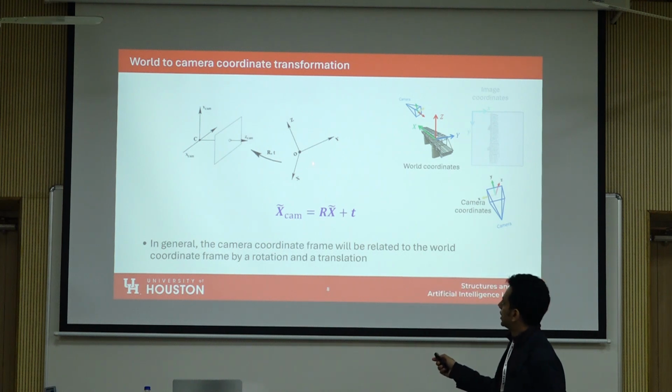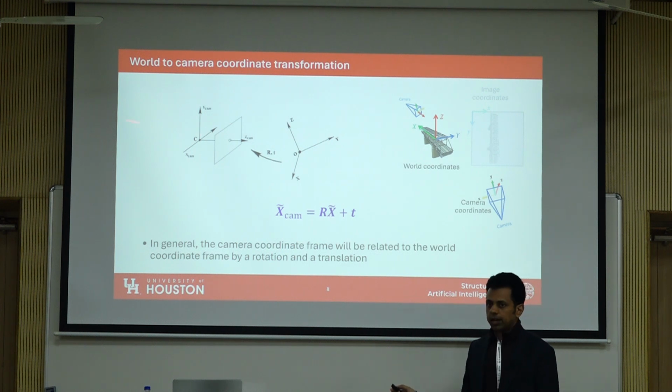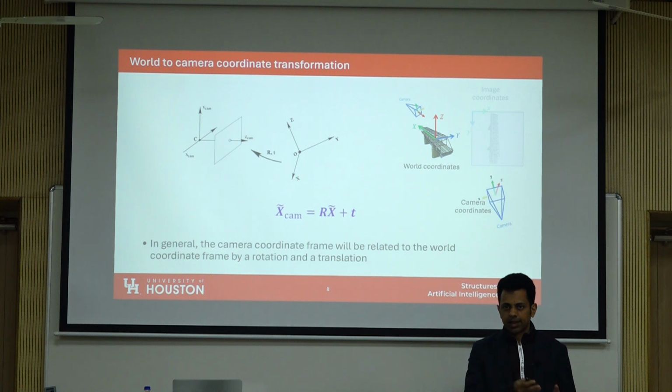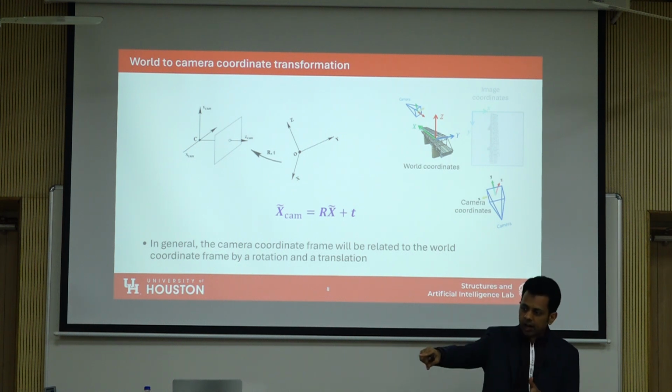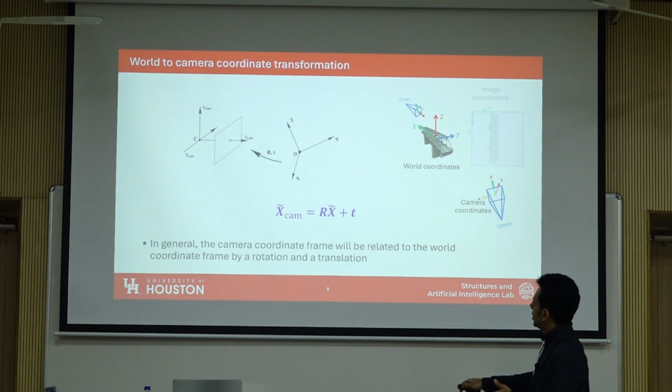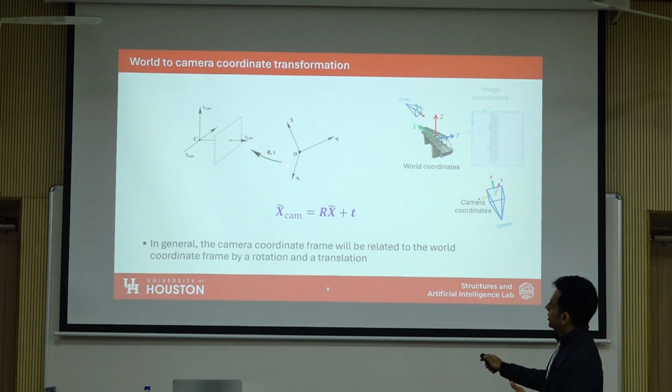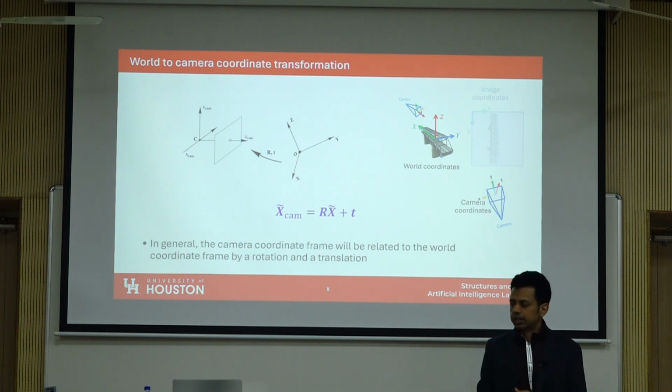So let's look at how to go from world to camera coordinates. So say we have some world coordinate system, and then we have our camera coordinate system. We want to transform the points in the world coordinate system and represent them in the axis of the camera, or that bridge column. Now, the way to do this is simply to apply a rotation and a translation.